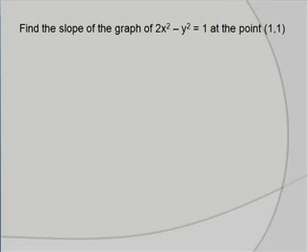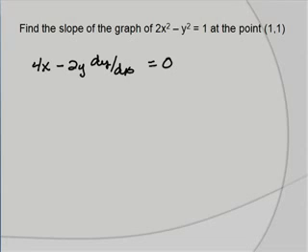So we'll start off with the derivative then of the first term. So we would get 4x and then minus 2y dy/dx. And instead of writing dy/dx, if you don't like that, you can still write the y prime. Okay, that means I need to move the 4x over.